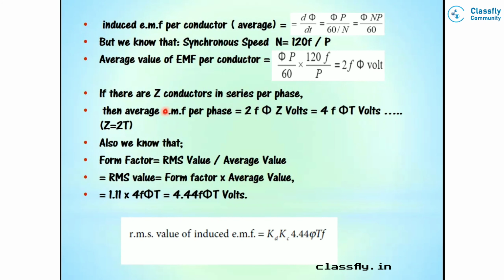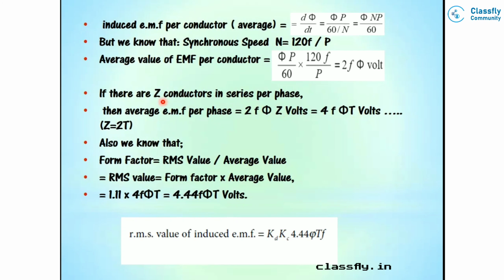For many conductors, because we know that one conductor is equal to 2 turns, it will be 2 f phi Z volts, because the unit of the EMF equation is volts. So it is 2 f phi into Z. When we put Z equal to 2T, we get 4 f phi T volts.